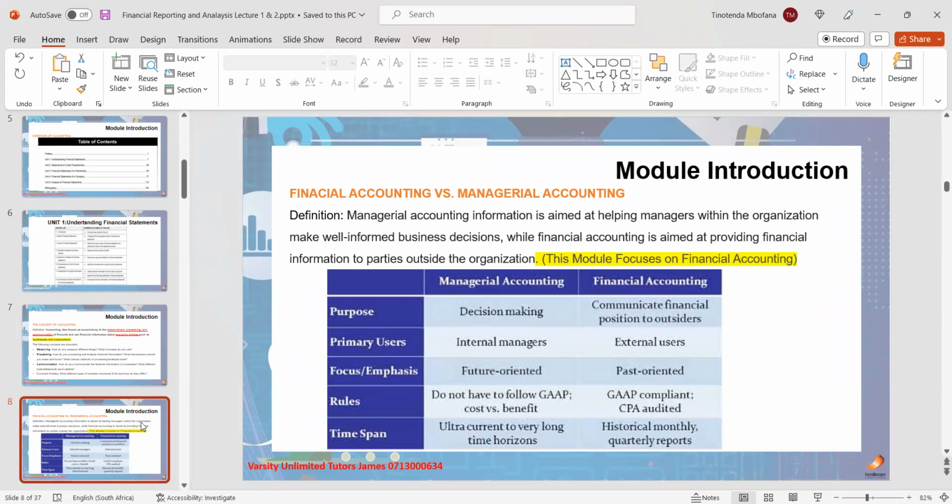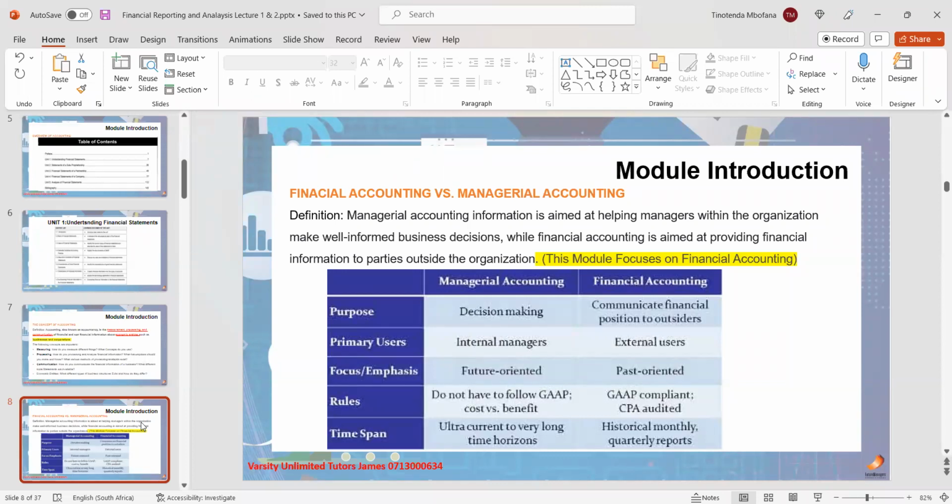Now, in your second year, you are going to do a course called management accounting, right? So for this semester, we are not going to be talking about managerial accounting because you're going to do it in your second year. But this course of financial reporting and analysis is going to delve more into the financial accounting side.